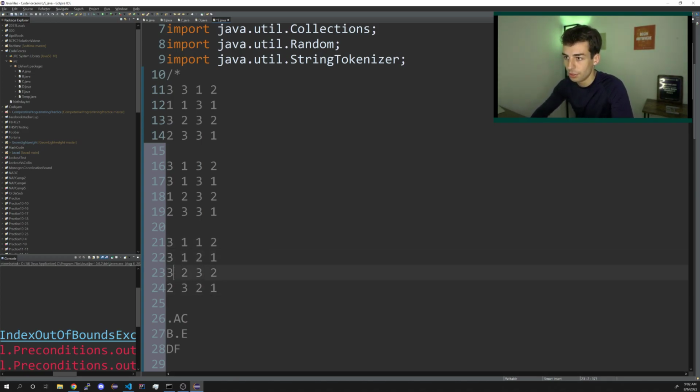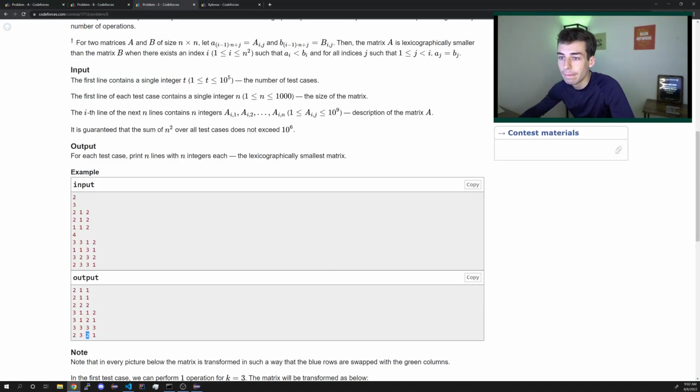Two, or all threes. Okay, this or this, they're the same, so move on. This one, it's the same. So I guess it's just these. Alright, can we swap this with this? No. This with this? No. And this with this.